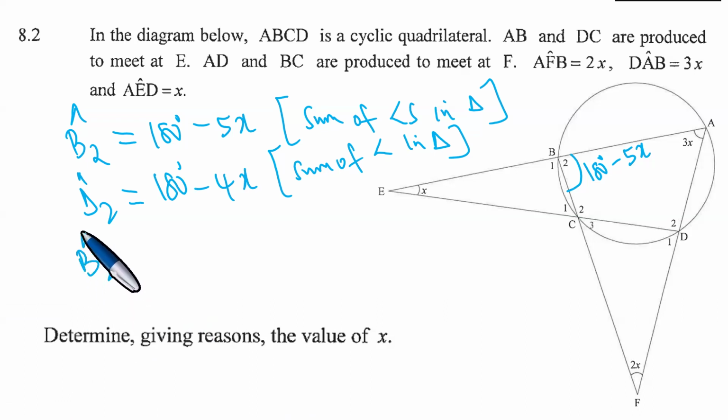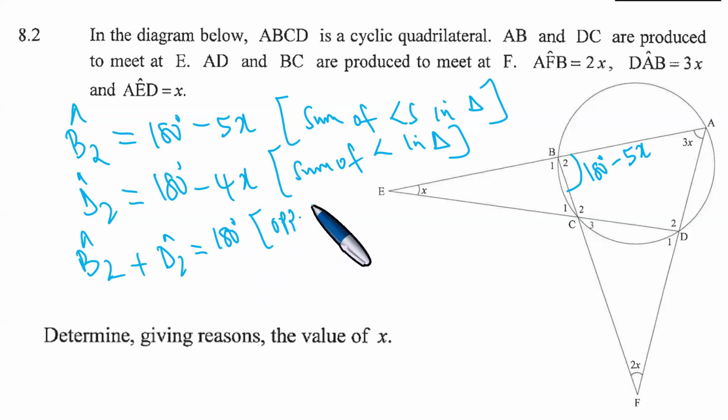So in other words, the angle B2 plus the angle D2 equals what? 180 degrees. Opposite angles of a cyclic quad.